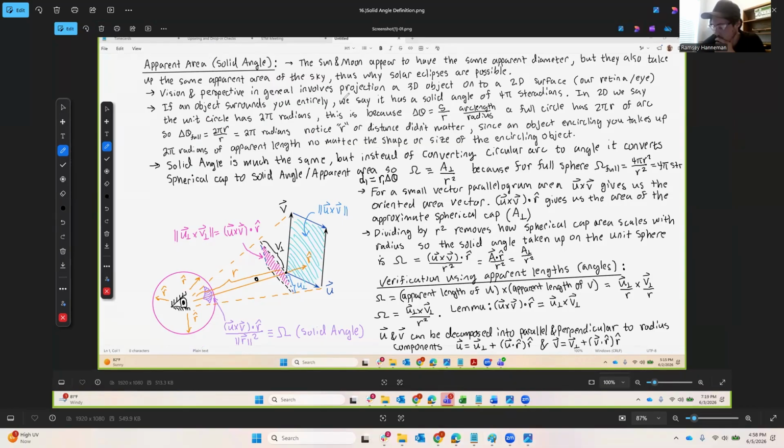All right, so for solid angle, I'm going to start with the idea of apparent length. When you're in 2 dimensions, you really have 2 pi radians of apparent length, right? The most an object could take up in my field of vision is a full 2 pi. And so we define apparent length or angle as the circular arc length divided by radius.